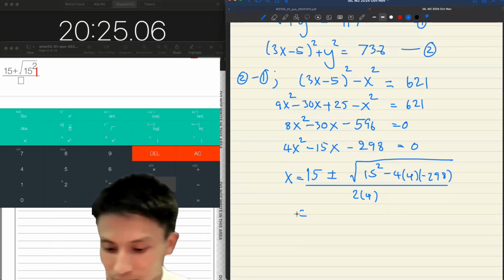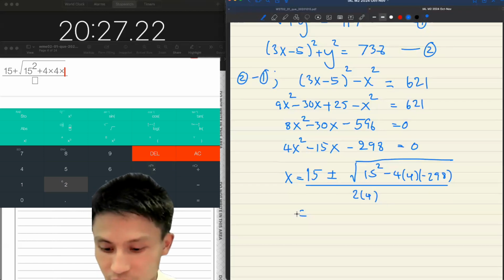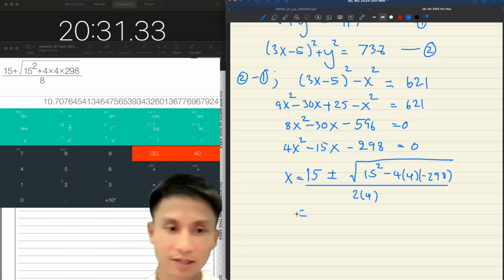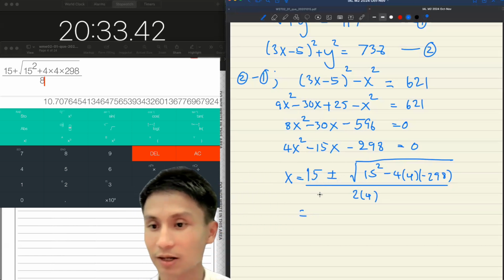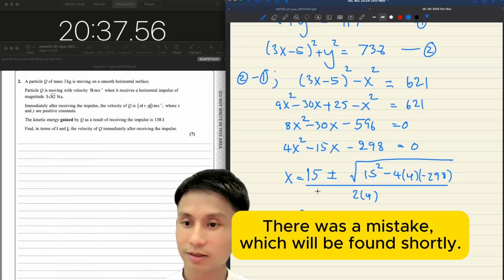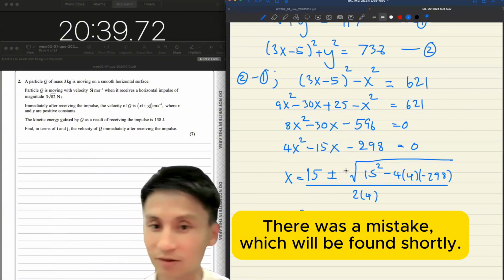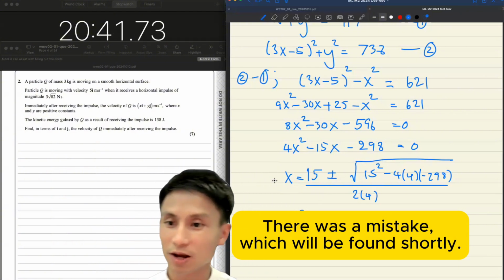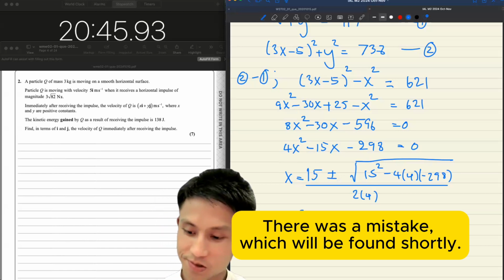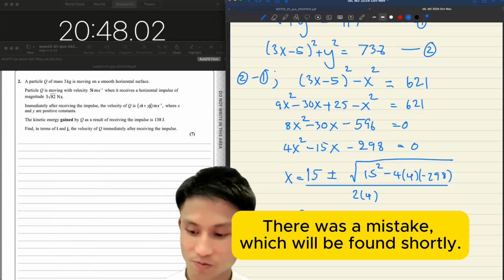So that altogether will be a plus 4 times 4 times 298, divided by 8. That is a horrible number, but all right. This doesn't give me any sense of getting it right at all, but it doesn't say exact. So yeah, this is a bit horrible.